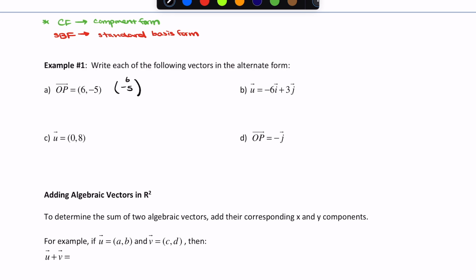Again, we're going to go from component form to standard basis form. So here, remember, the x values are represented by i. So here we have 6i minus, and the y values are represented by j, so minus 5j.